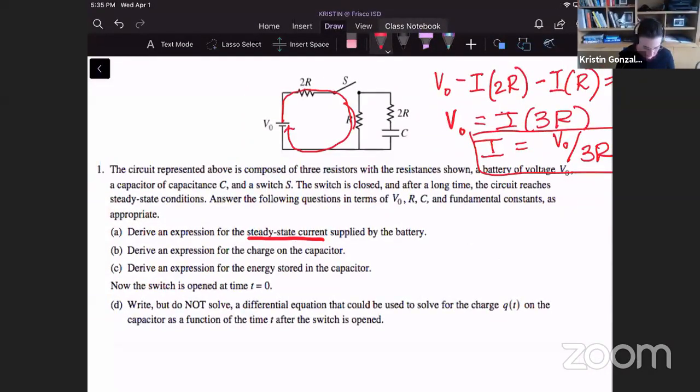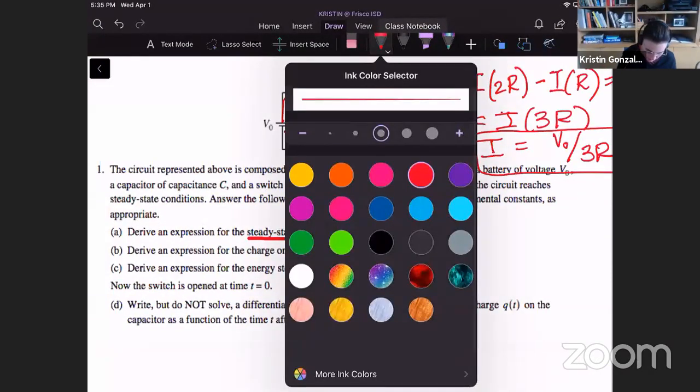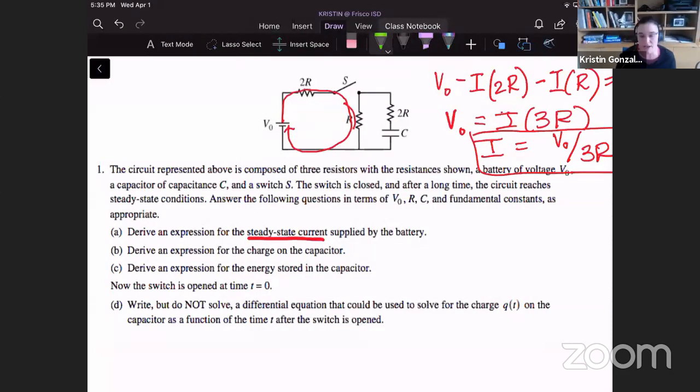Okay, part B says to derive an expression for the charge on the capacitor. Even though that capacitor is acting like an open switch, that doesn't mean it doesn't have a potential difference across it or that there's no charge. It's fully charged, so it's got a potential difference across it.